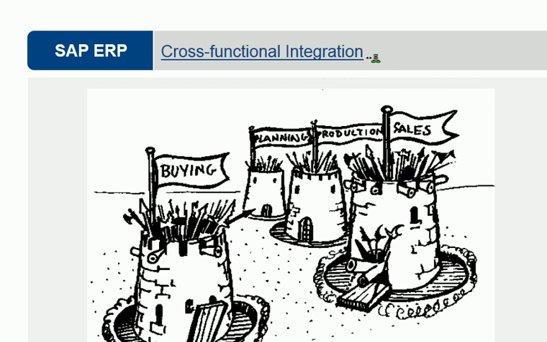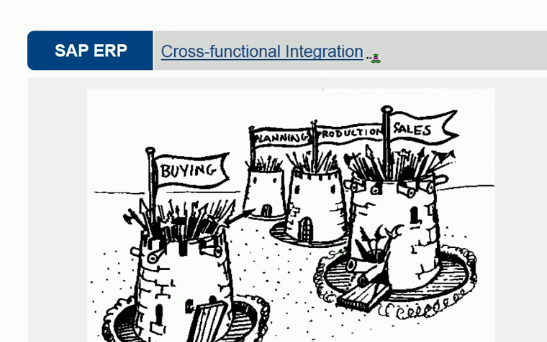As I asked you at the beginning of the lecture, what are the main highlights of SAP and enterprise systems in general? I told you that one key thing is integration, that it allows business units to integrate across the organization.